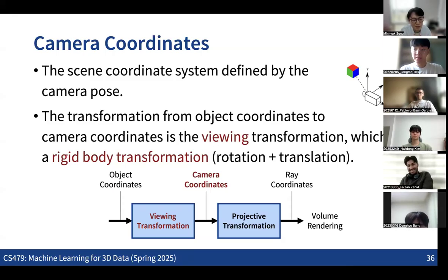So there might be some confusion about which coordinate system corresponds to the typical graphics pipeline, but we are going to follow the terms in the paper, and you can check the paper for more details. So we use the viewing transformation, which converts from the object coordinates into the camera coordinates, and this is a rigid body transformation: rotation and translation.